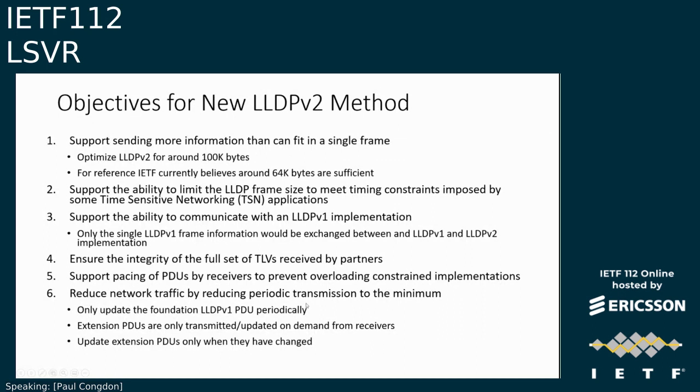And then we didn't want to add any additional network traffic. LLDP is a periodic protocol in general, but when we add a bunch of extra frames, we don't want to be uselessly broadcasting those around. So the protocol doesn't add any additional network traffic in its design.